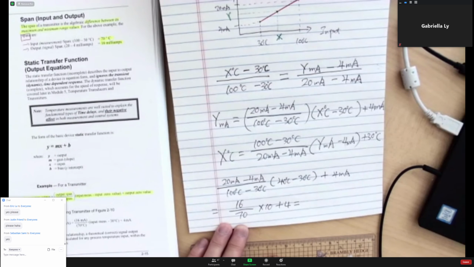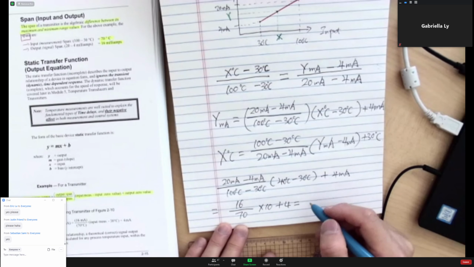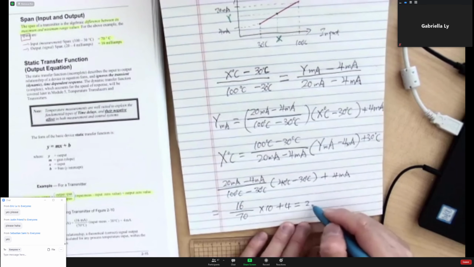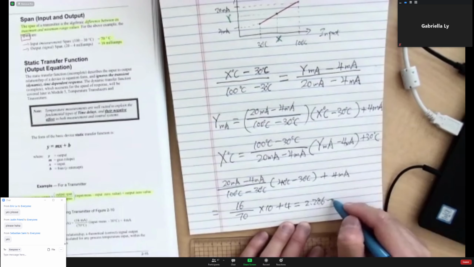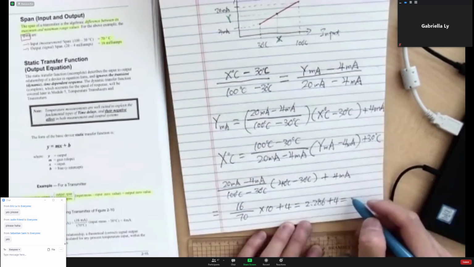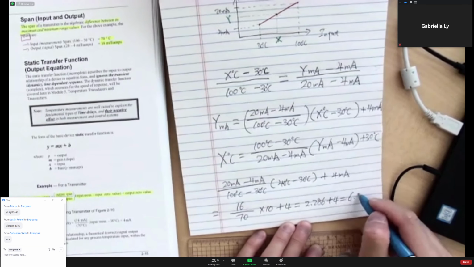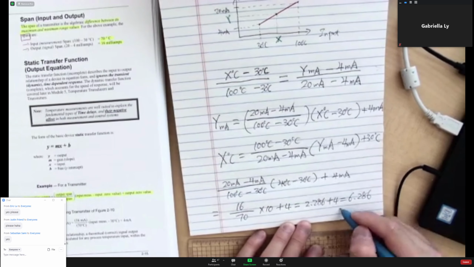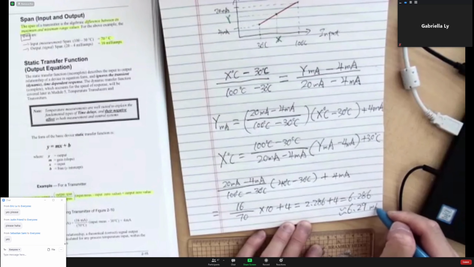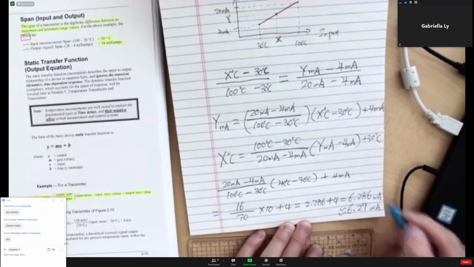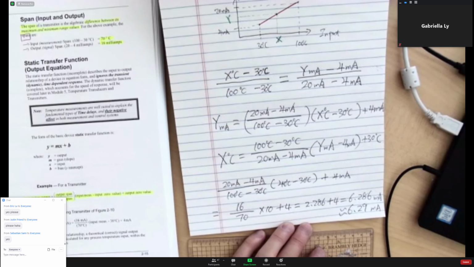That would be 2.286 plus 4, which gives us 6.286, or you can call it 6.29 milliamps.